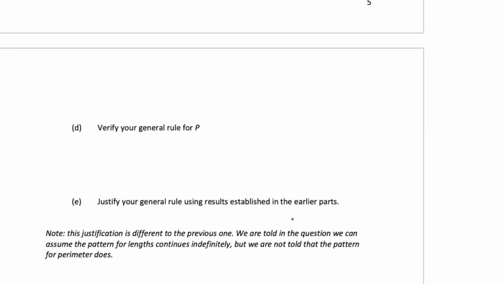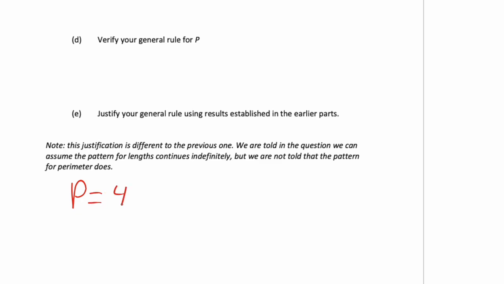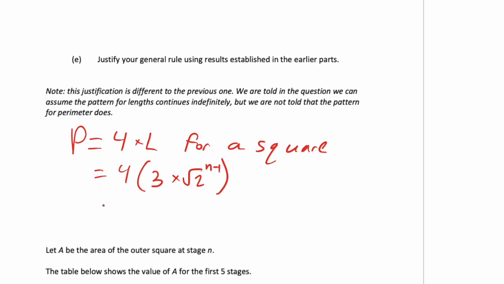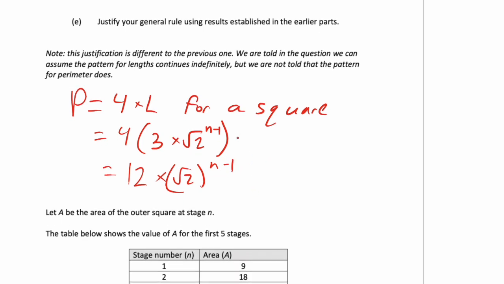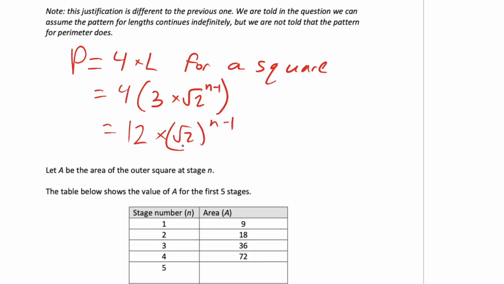And when we go to justify, we could just say that the perimeter equals 4 times the length for a square. And we already have the formula for a square, so we can just substitute in the formula for a square, which was 3 times root 2 to the power of n minus 1, right? Which equals 12 times root 2 to the power of n minus 1. Alright, so that's how you can justify or prove that the perimeter formula is this.